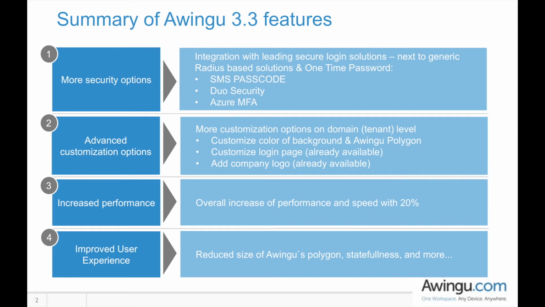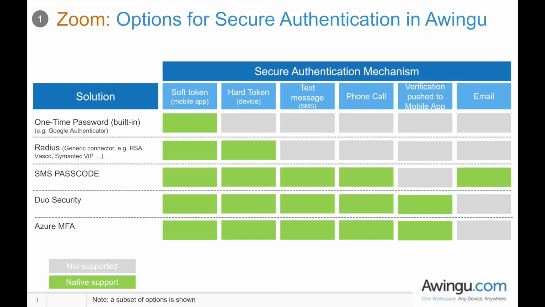Now, let's zoom in to the first section, which is the security options, and let's have a quick overview of what the different options are as of Awingu 3.3. As you see on the left-hand side, basically we will have 5 different types of MFA options, of multi-factor authentication options. First option is the built-in one-time password capability.